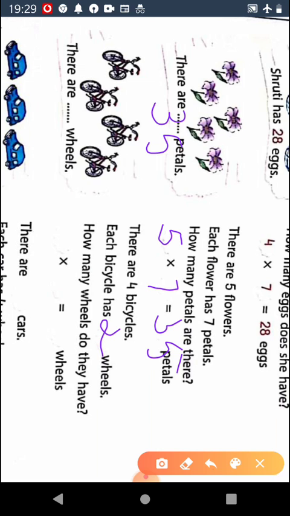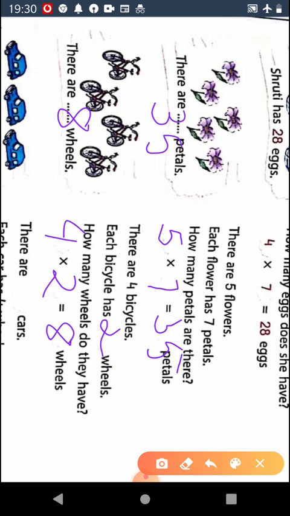That means 2 plus 2 plus 2 plus 2. So how many wheels are there? 8 wheels. So instead of adding 2 4 times, we simply multiply 4 bicycles into 2 wheels each, that is 4 2s are 8. So there are 8 wheels.